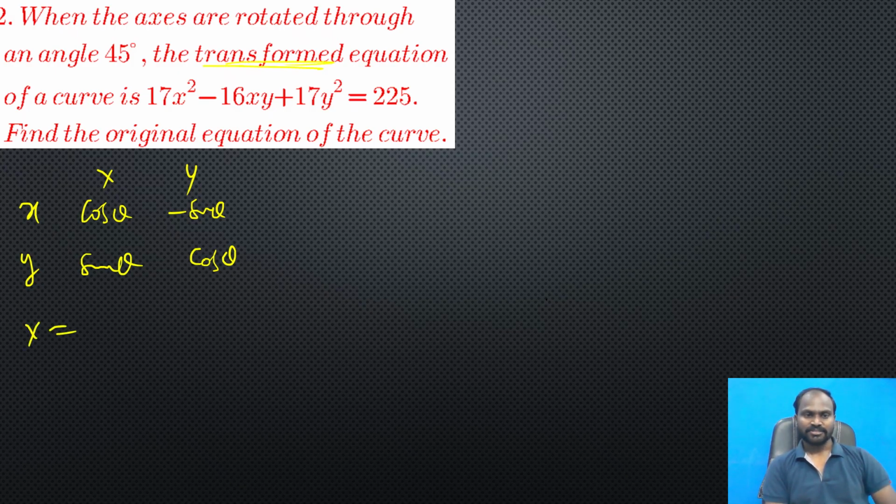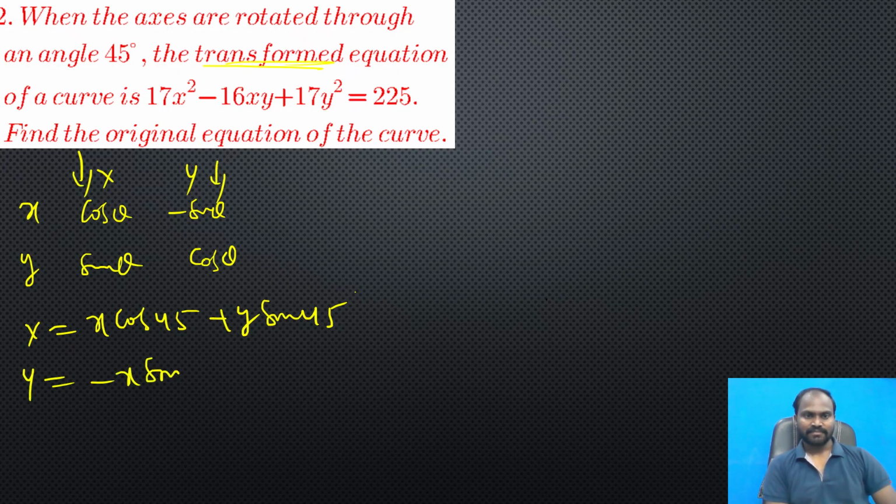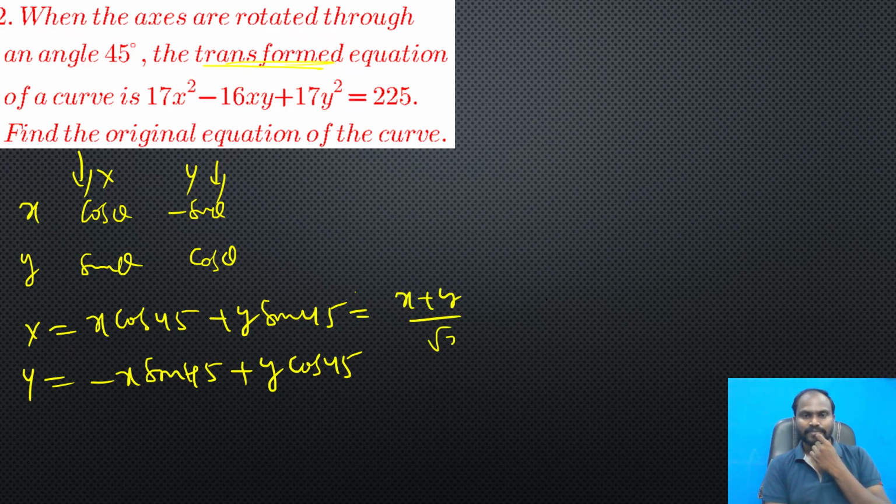So capital X is given, which is x cos 45 plus y sin 45, like this. And capital Y I will also write, minus x sin 45 plus y cos 45. Since sin 45 is 1/√2, this becomes x plus y by √2, and this is minus x plus y by √2.